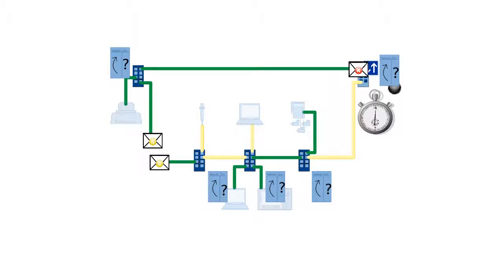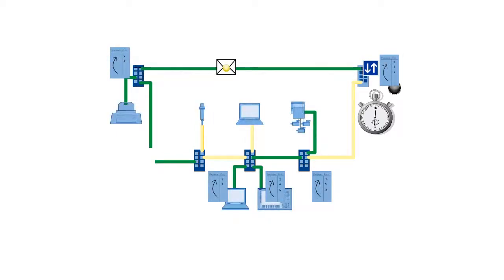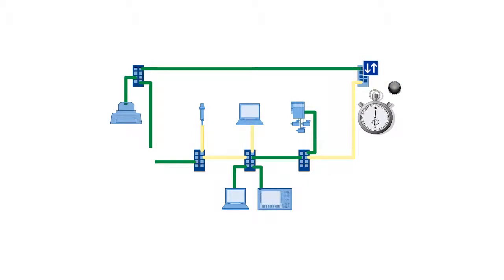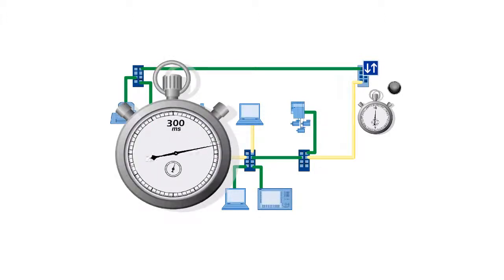Using an appropriate delete telegram, the redundancy manager instructs the nodes in the ring to delete the old tables and to learn new values. Once the switches have updated their address tables, the communication is quickly restored. In a network with up to 50 nodes, for example, the reconfiguration is completed within less than 300 milliseconds after the disruption has occurred.